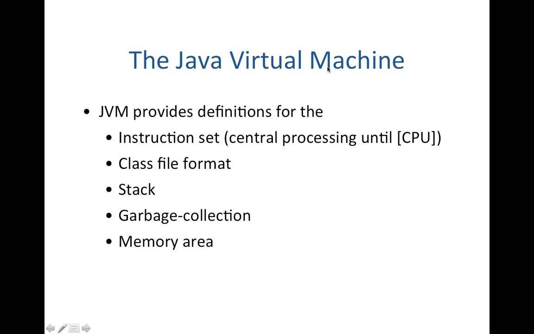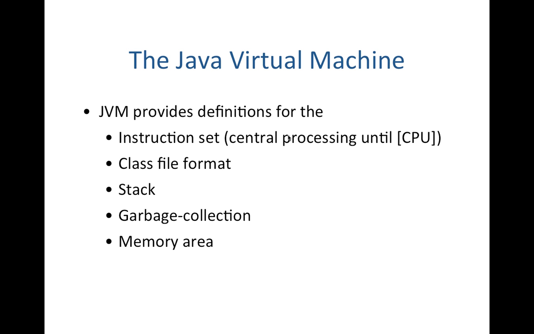Let's move on. The Java Virtual Machine, JVM, provides definitions for the instruction set. That means the CPU. And it provides the definitions for the class file format. That means if you have the bytecode and you tweaked and changed something in it, then it probably cannot read it if it is in an unparsable format.